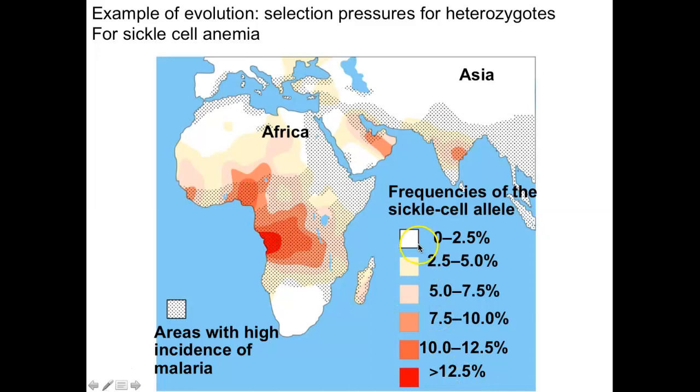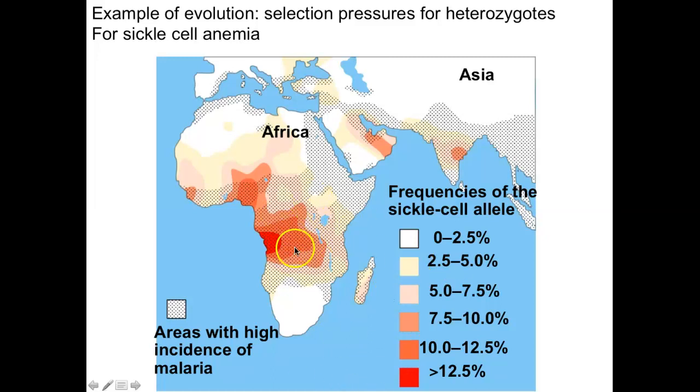This is interesting because sickle cell anemia is not something that you want. It is a disorder that is very painful for people to have. It can cause death. In normal circumstances, you would find that the allele frequency for sickle cell is low. You don't have a lot of sickle cell.